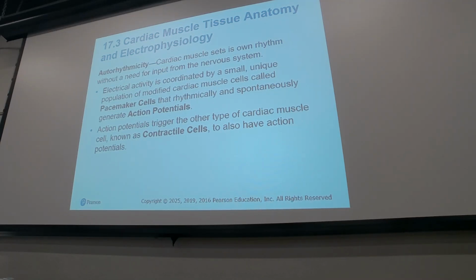This property of the heart of beating without the aid of the nervous system is called autorhythmicity. And this autorhythmicity is controlled by the nervous system, so that we don't have more heartbeats than usual. We'll see how this happens.